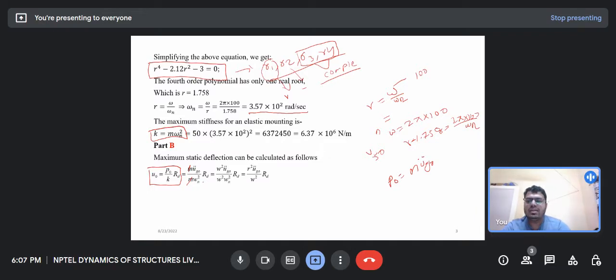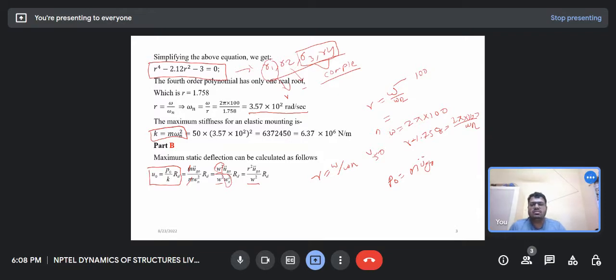I will pre-multiply it with omega square in both the upper and the lower side. So that would be omega square here, and omega square here, and omega by omega n, what is your omega by omega n? R. So we will replace this as r, and that is omega square into rd.